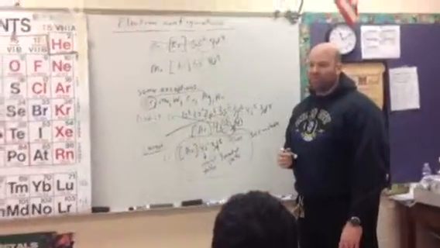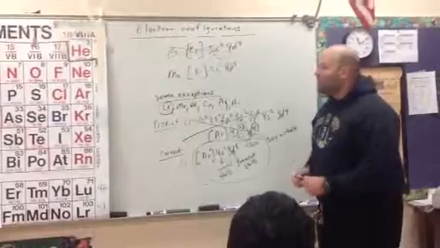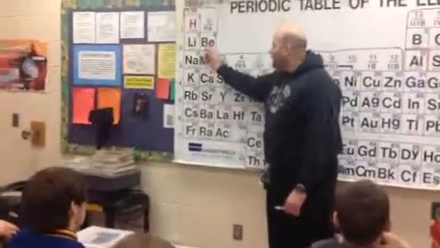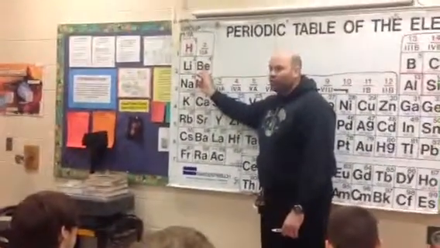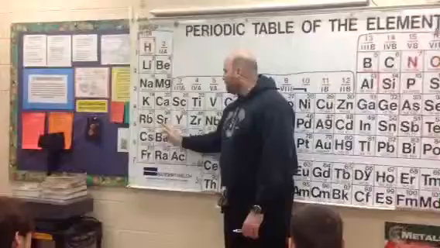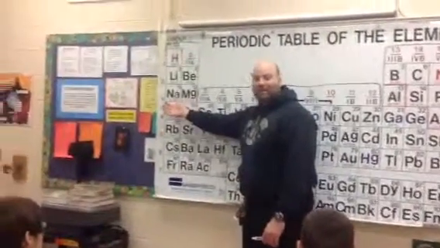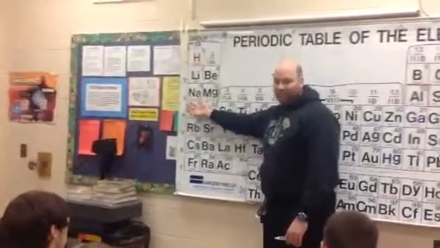Does that make sense? By the way, why does it make sense that all these guys were +2? Because wouldn't they all be s2s? s2, s2, s2, s2, s2, s2. So they're all going to have the tendency to lose 2 electrons to end up looking like a noble gas.